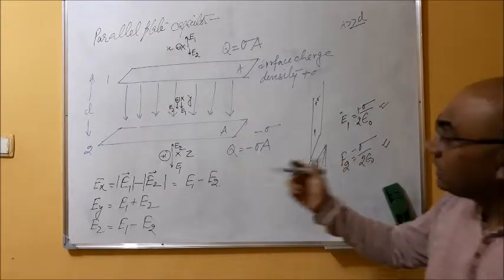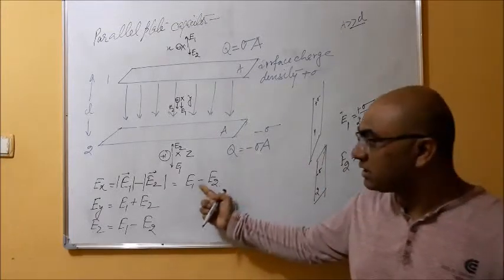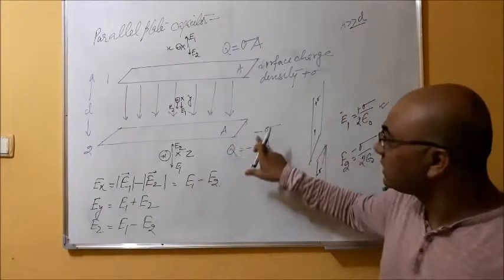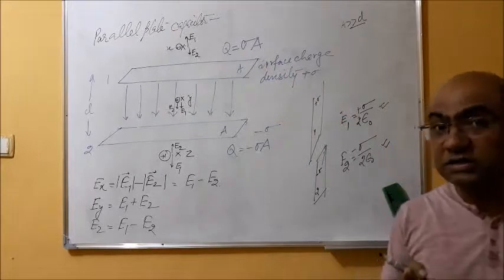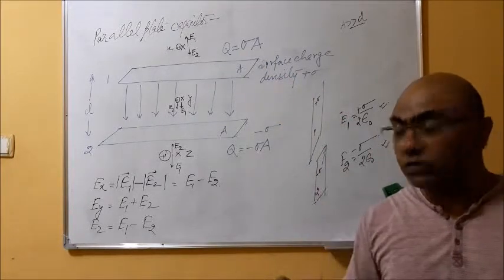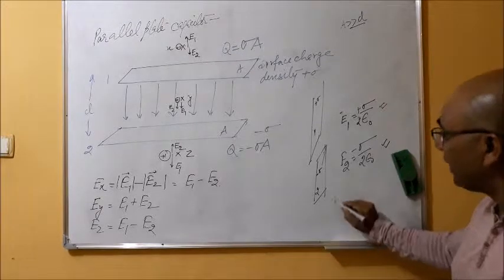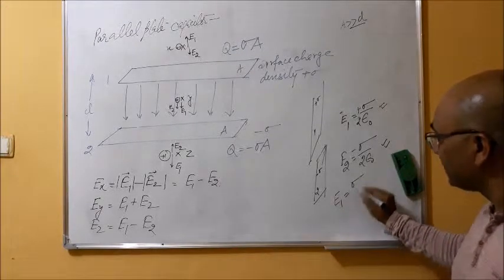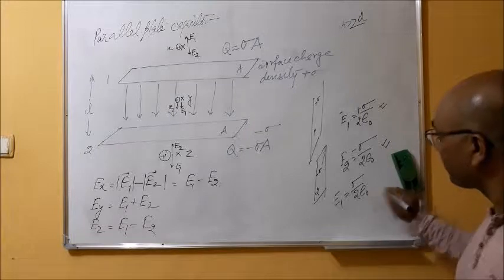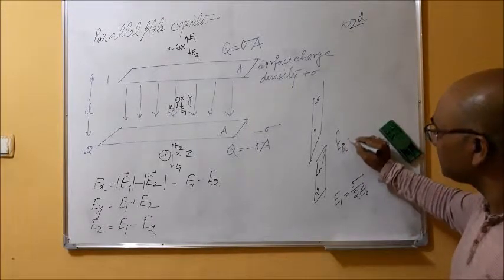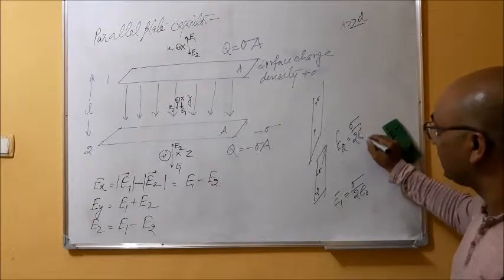Since we have already taken the direction here, the negative and positive charge only define the direction. So the value of E1 is sigma upon 2 epsilon naught, and the value of E2 is also sigma upon 2 epsilon naught. Why?